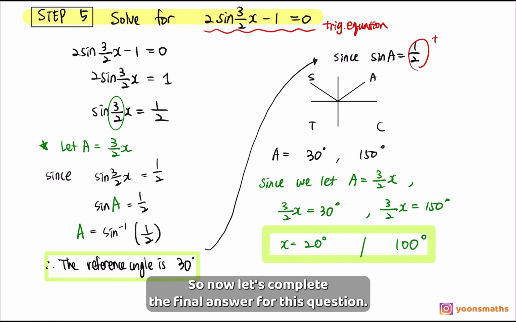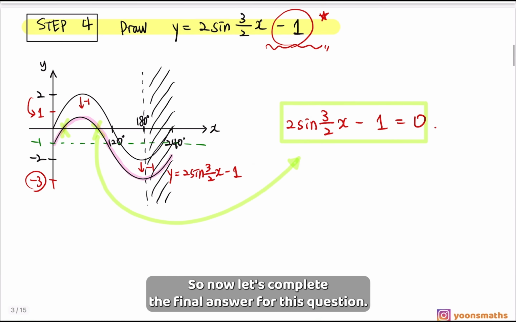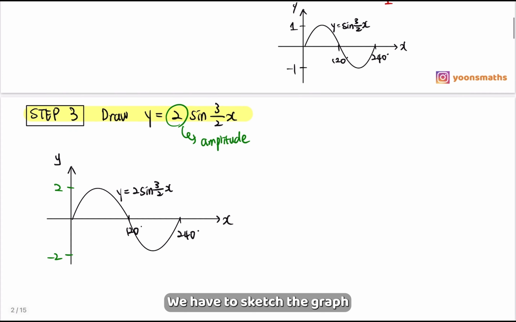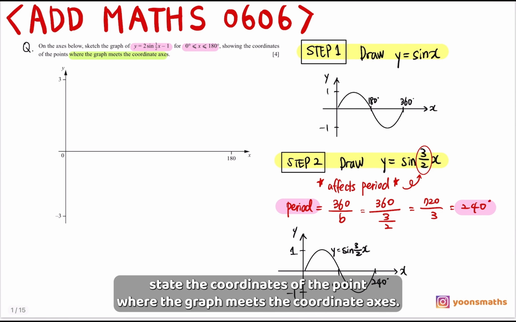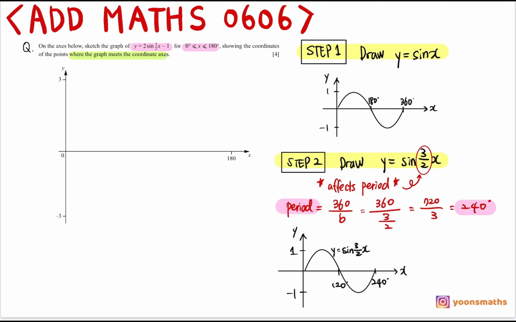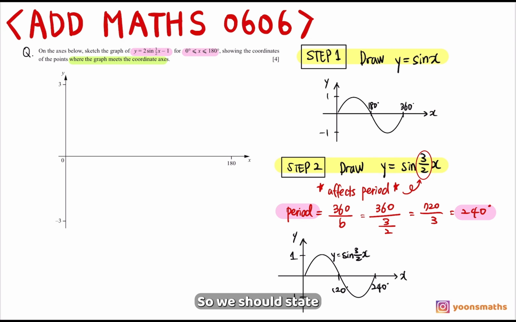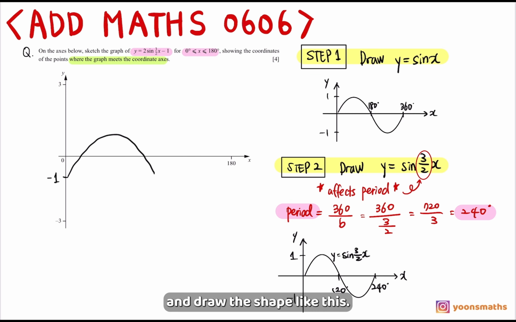So now let's just complete the final answer for this question. We have to sketch the graph. And of course, we have to state the coordinates of the points where the graph meets the coordinate axis. So we should state minus 1. And draw the shape like this.